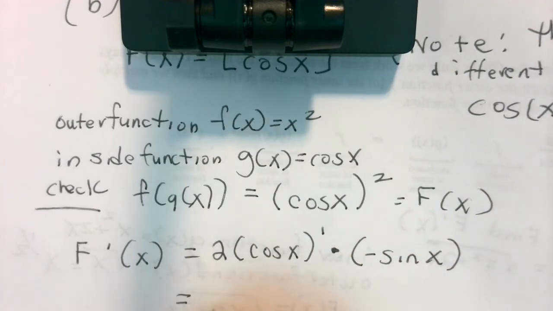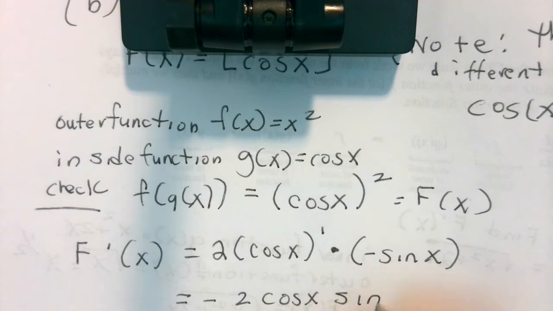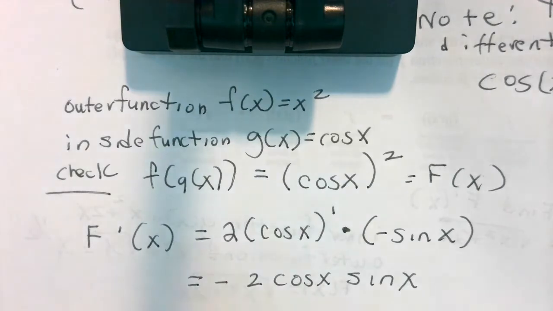And then we can just rewrite it, and that's different from the derivative that we got when we did the other one. They're not the same. Okay, let's see what else we've got here.